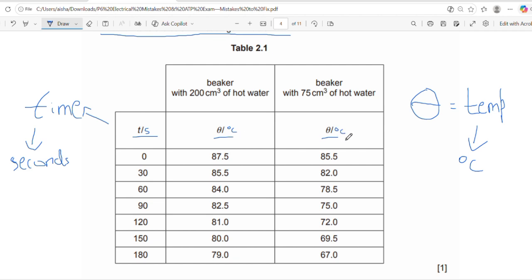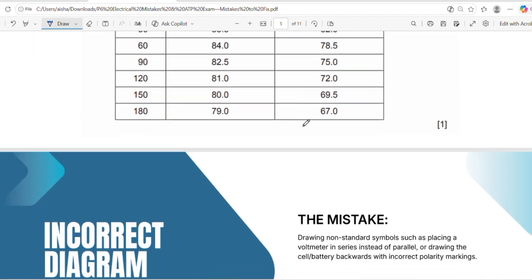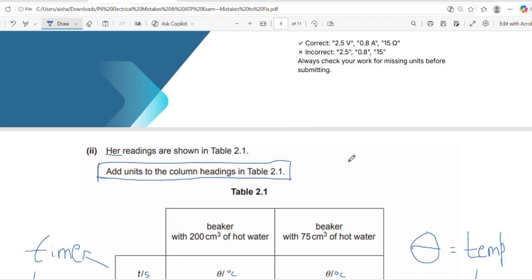Many people forget to read this whole thing, and then they lose the marks because of this. And 1 mark, obviously, in ATP you need to get above 32 out of 40 for A or A star.